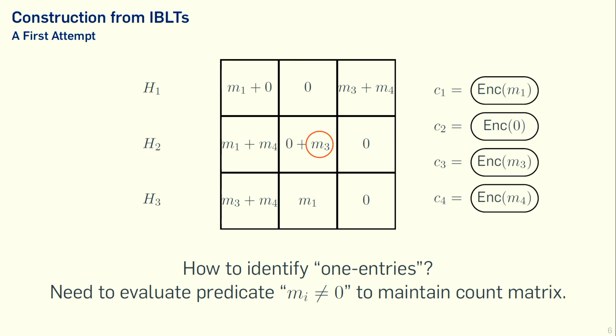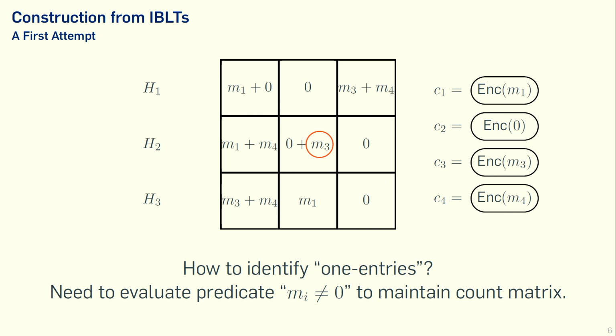We don't actually know how to do this, because we need to somehow identify which of those cells only contain a single value. If we were trying to maintain a count matrix, we would need to evaluate a predicate that tells me that a message is non-zero. And we cannot easily do this using only an additive homomorphism.